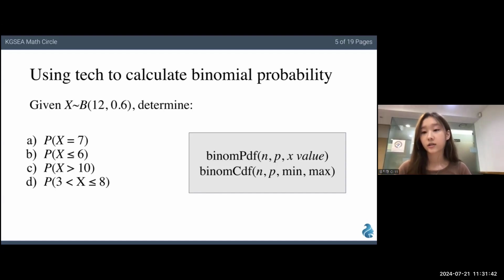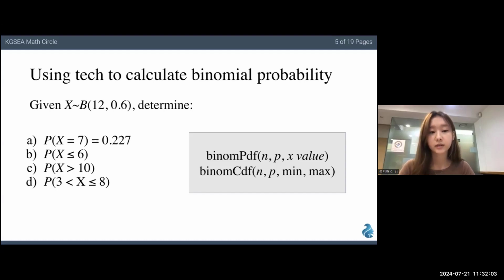PDF is for particular probability distributions, while the CDF is for cumulative. So binom PDF will be used for question A in this case, and CDF will be used for B, C, and D. You can take some time to answer these questions, but I'll move on to the answers.